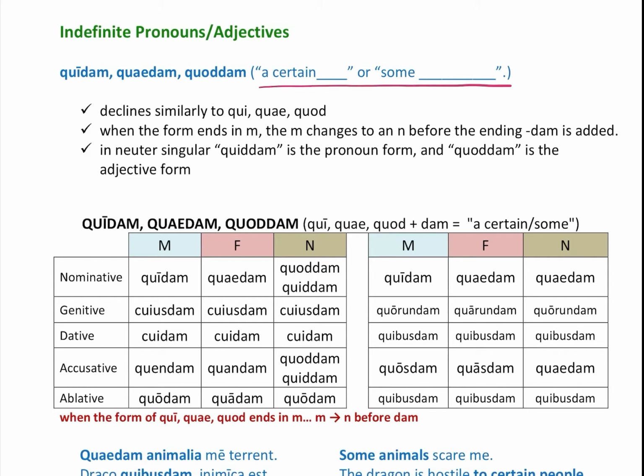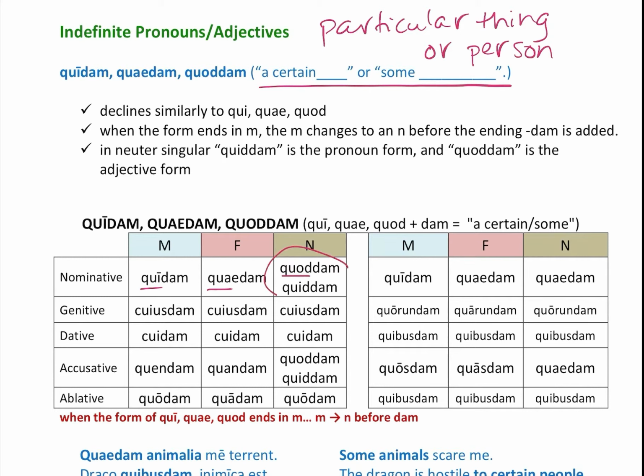So think of it as meaning a particular thing or person. Not something, but some particular thing. So it declines in a similar manner to the relative pronoun quī, quae, quod that you already know.